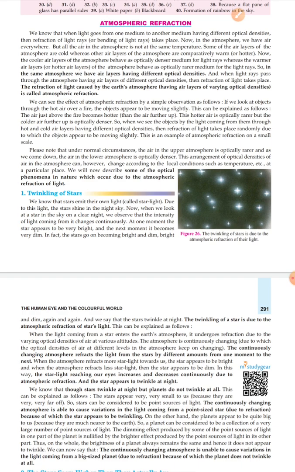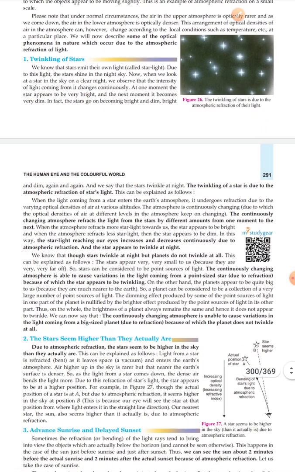So if there is any kind of change, it nullifies the effect of different points, because in a planet there are so many points. That is a big size planet. So the continuously changing atmosphere is unable to cause variation in the light coming from a big size planet, because of which the planet does not twinkle at all.